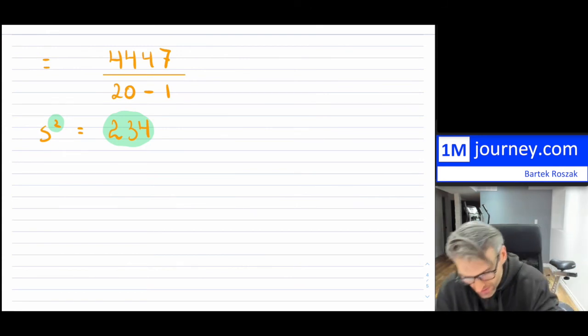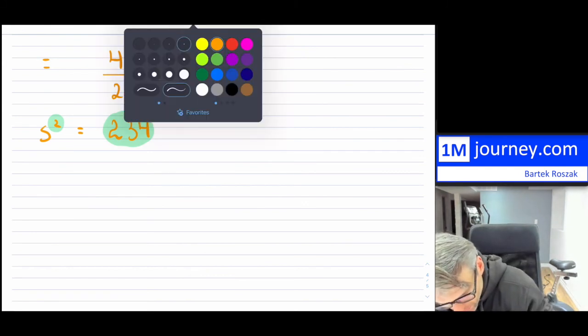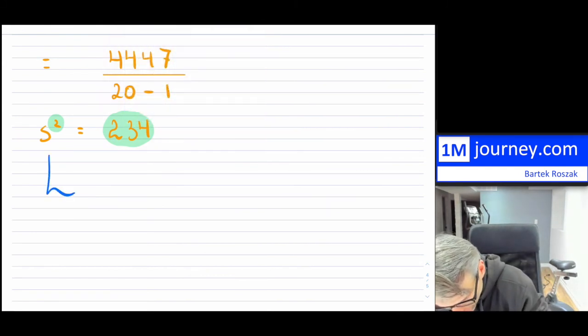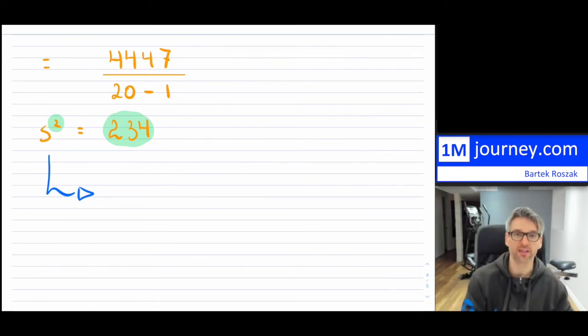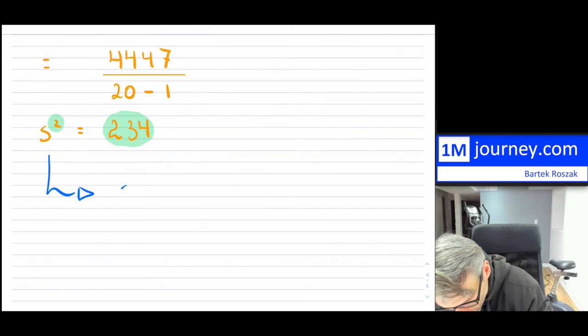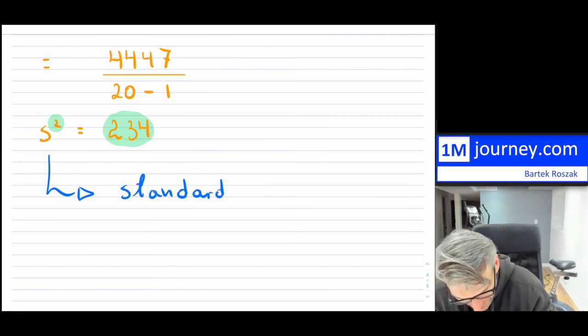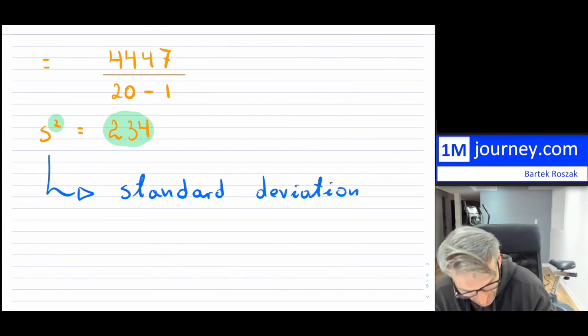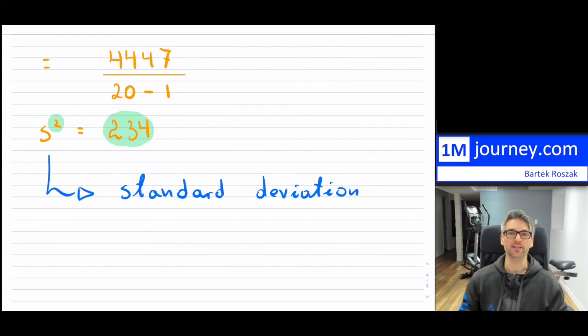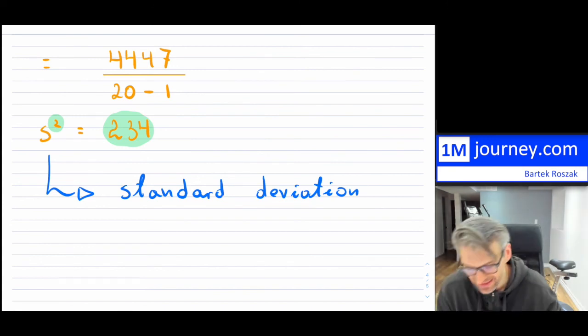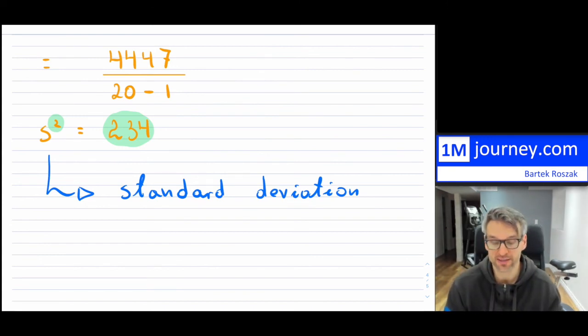Another very nice observational measure of dispersion, instead of the variance, is the standard deviation. The standard deviation basically takes your variance and takes the square root of it.